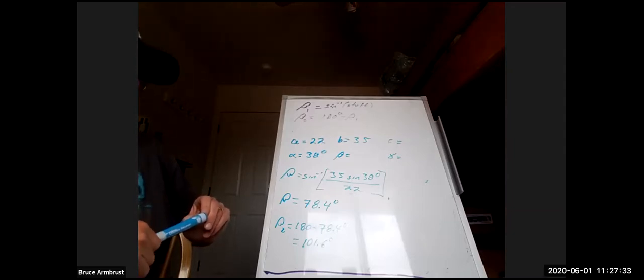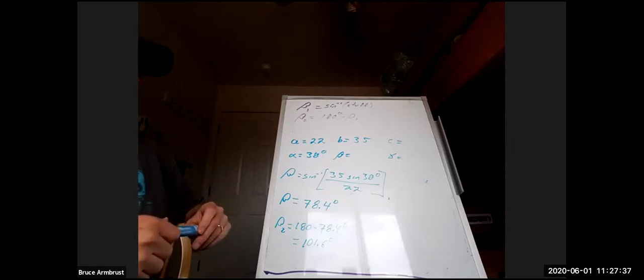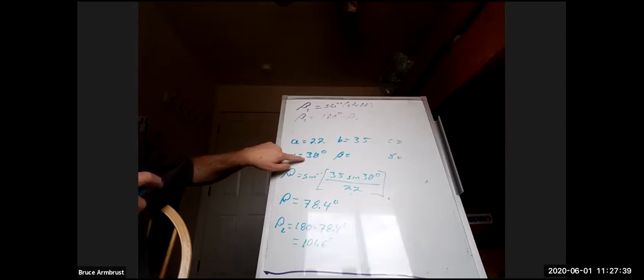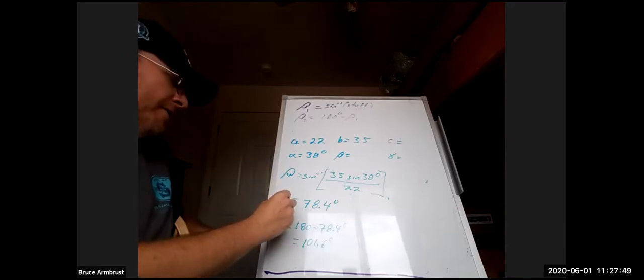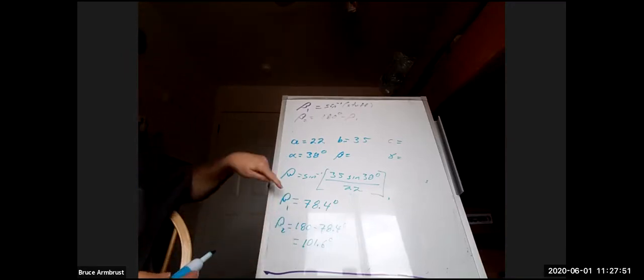All right, so Kiva just says, yep. And she's right. This one definitely does fit because remember, we used 38 degrees. If I add to it 101.6, there's still plenty left over. So we're actually going to get two different triangles. One that uses 78.4 degrees for beta, and the other one that uses 101.6.